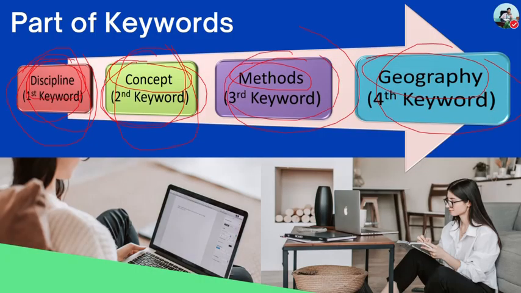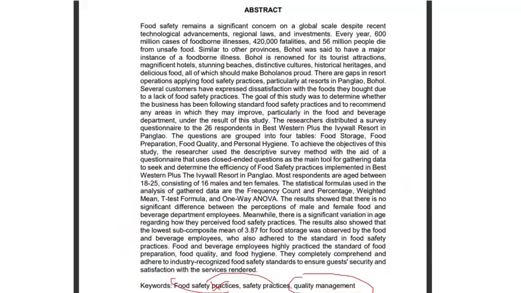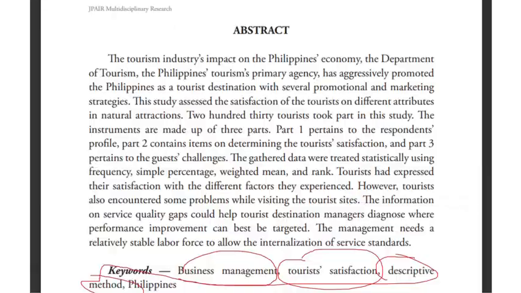What is the method? Descriptive method. And the next is the geography, the location: the Philippines. Business management, tourist satisfaction, descriptive method, Philippines. So this is the sample of the keywords.